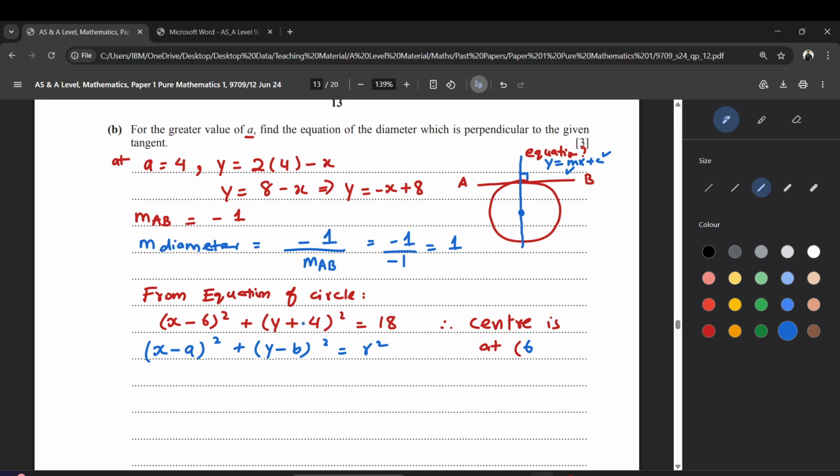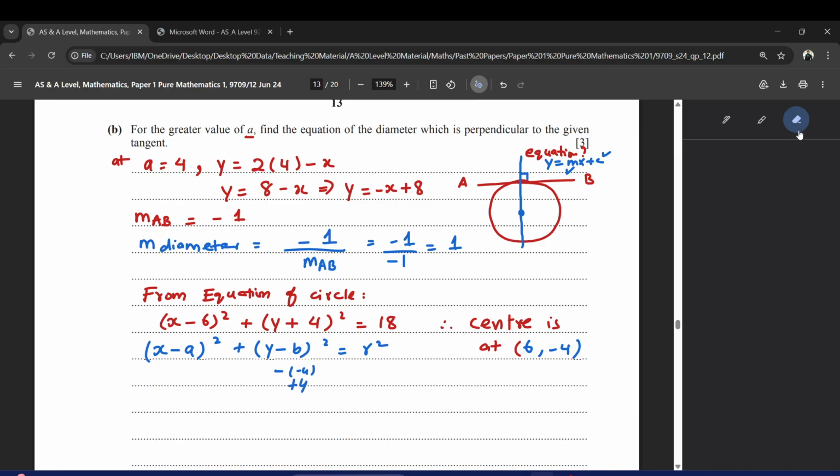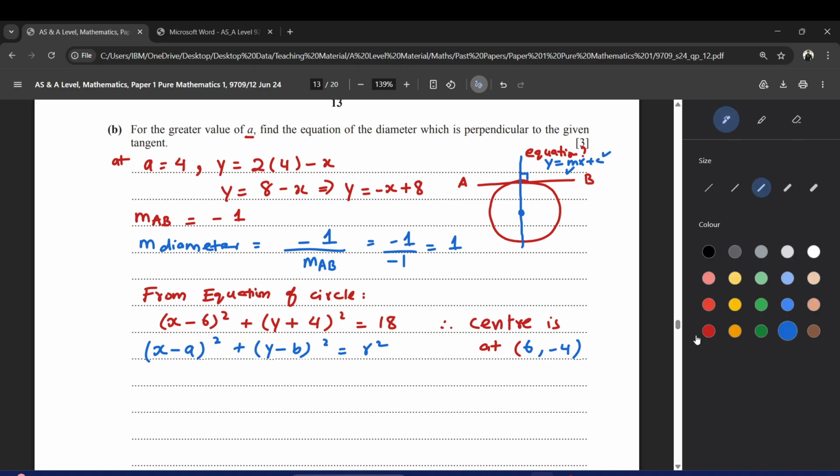However, this one is different. The general form is that this should be minus b, so in order to bring it into this form, your value of b should be negative, so therefore this would be minus 4. Such that if I plug in minus 4, this will give me plus 4, which is this one. So you get the idea. So this is the coordinate of the center of the circle.